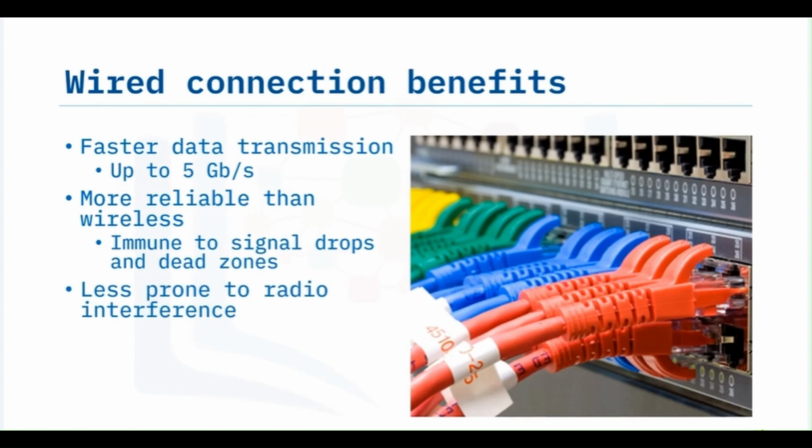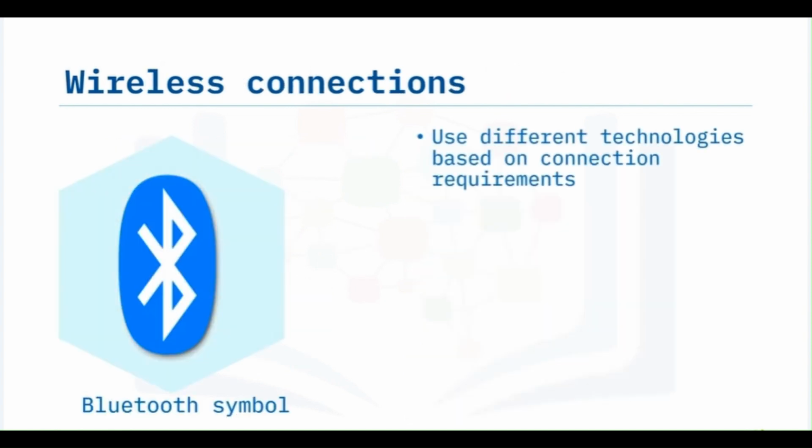Wired connections are less prone to radio interference, so there are fewer dropped packets that need to be retransmitted. This translates into greater network stability and speed. As devices need to be physically connected in a wired connection, they are more secure and less likely to be hacked.